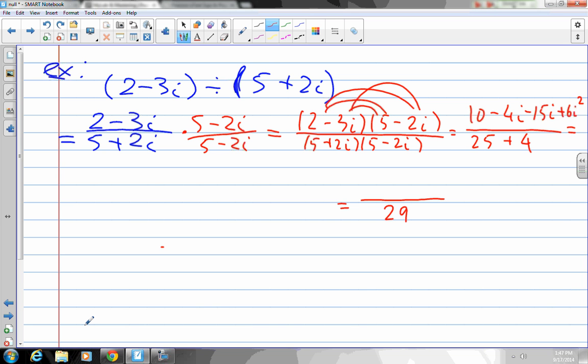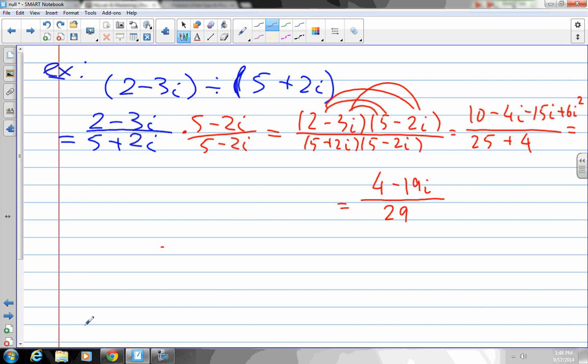So let's do this in our heads. i squared is negative 1, so this 6 is negative now. So 10 minus 6, that's a 4. And then negative 4 minus 15 is negative 19. Okay? So then my real part is 4/29, and my imaginary part is negative 19/29.